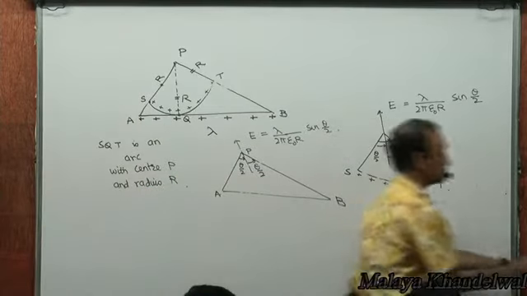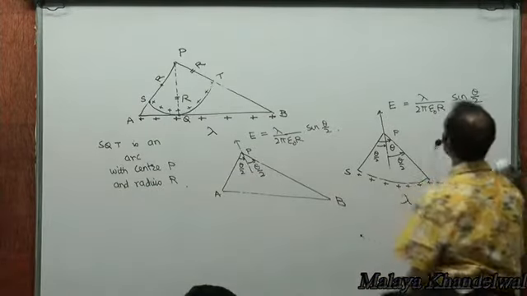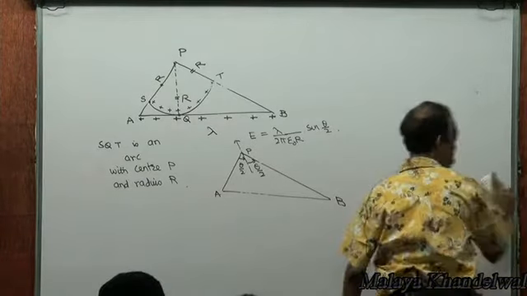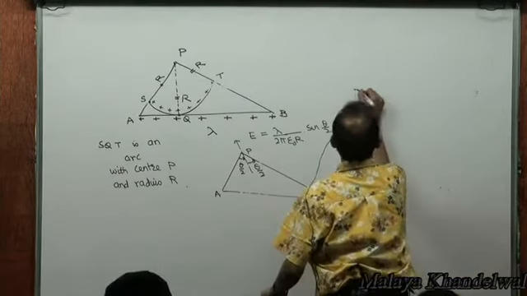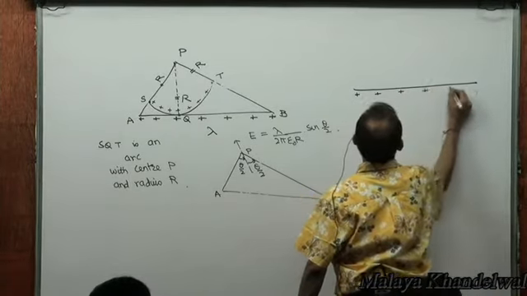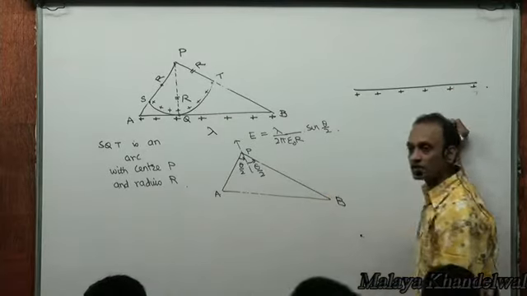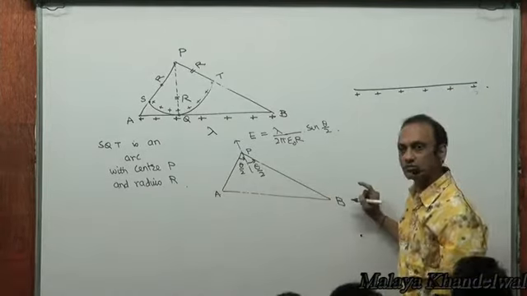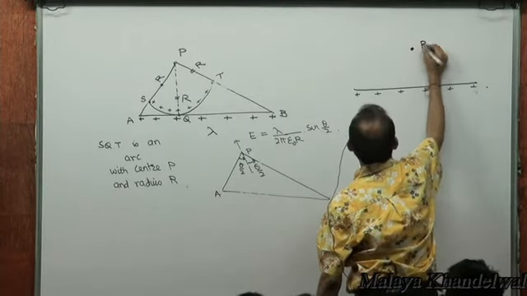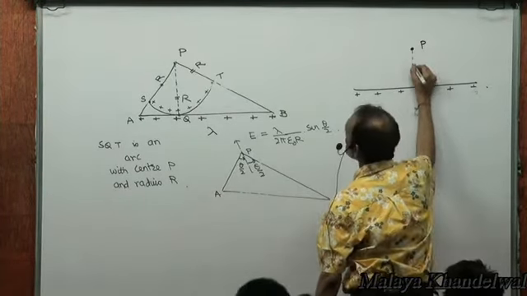Now, say for example, if there is an infinite line of charge, and there is a point P at a distance r.